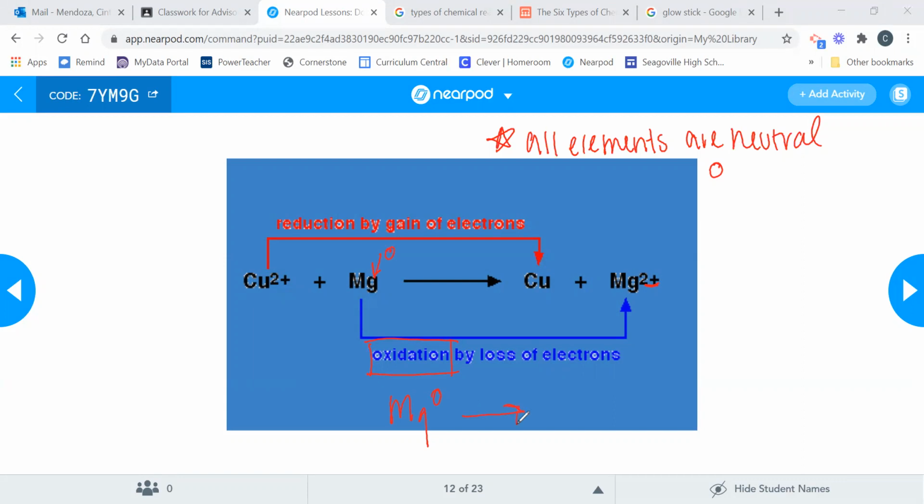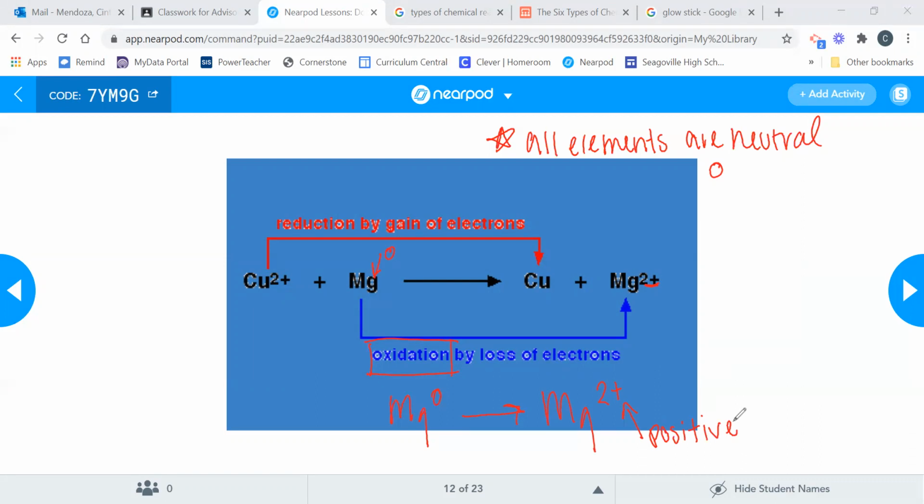And when it goes to the product side, it is Mg2+. And notice that this became positive. Okay. So if it becomes more positive, are we gaining or losing electrons?